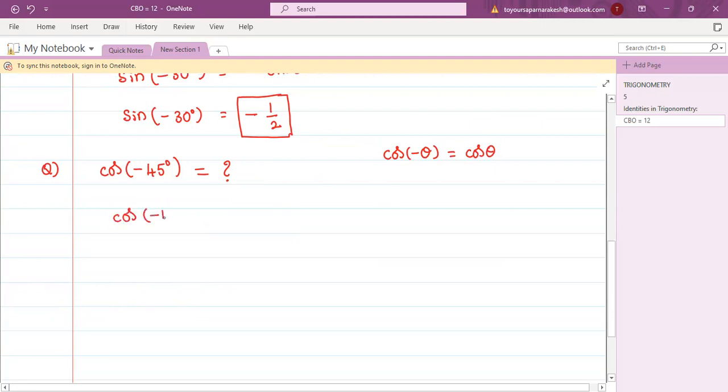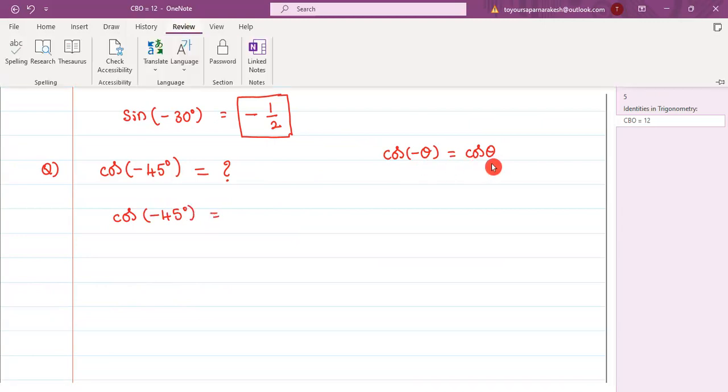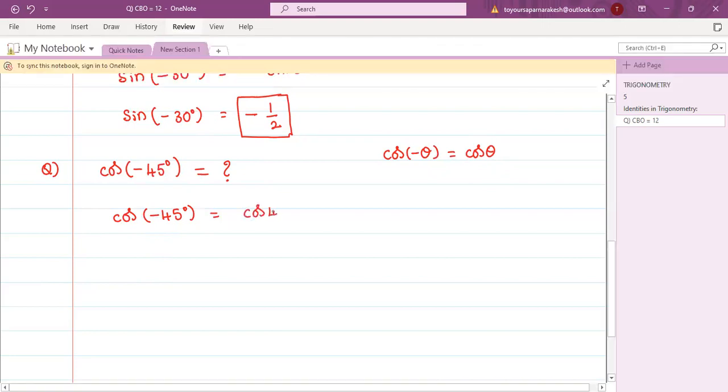Cos of minus 45 degrees is equal to cos 45 degrees, so that is equal to 1 by root 2. Okay, see the next question.